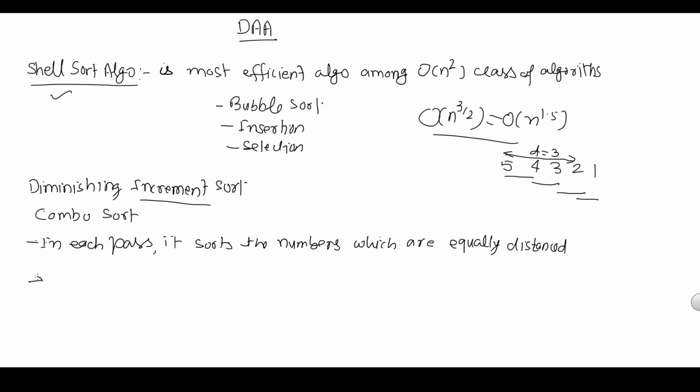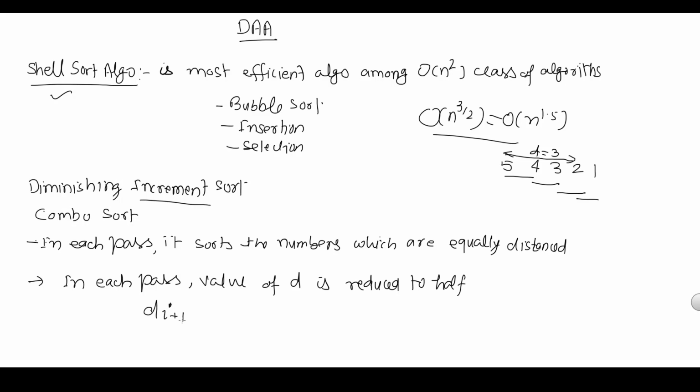So we can also write this: in each pass the value of d is reduced to half, and this is calculated from this formula: d(i+1), that is the next value of d, is calculated based on the current value of d, which is (d(i)+1) divided by 2.